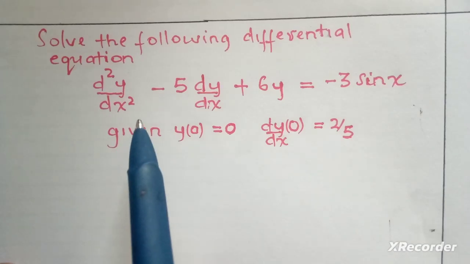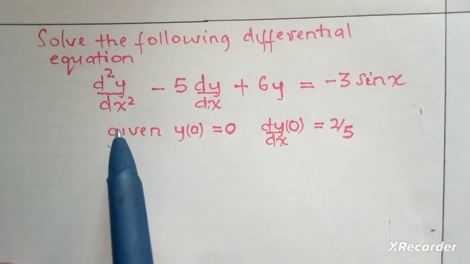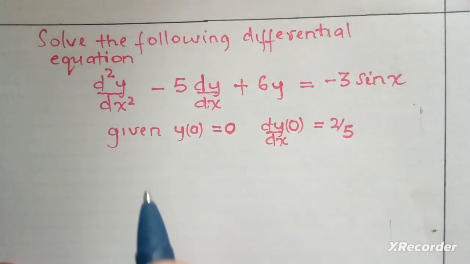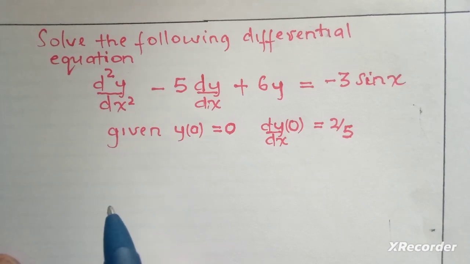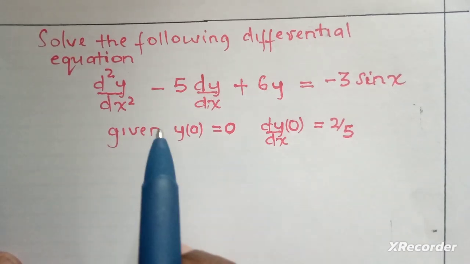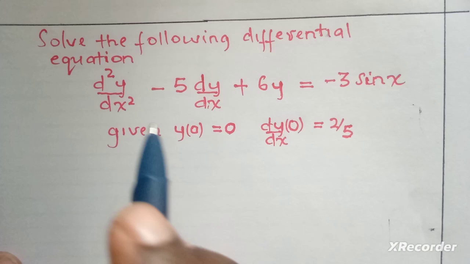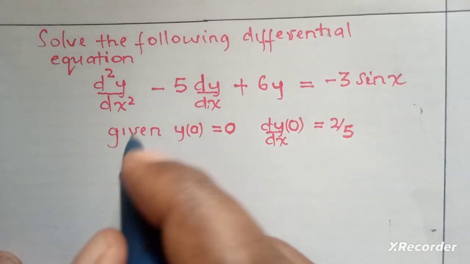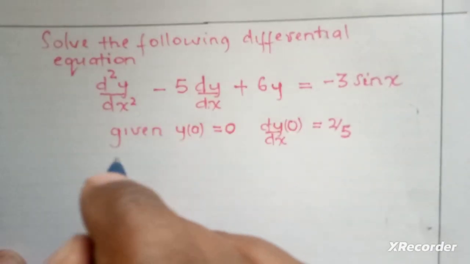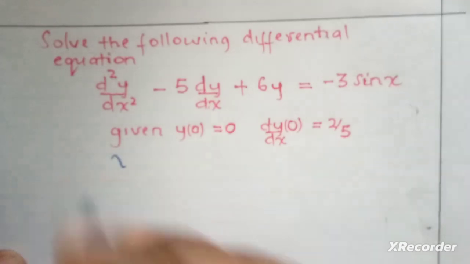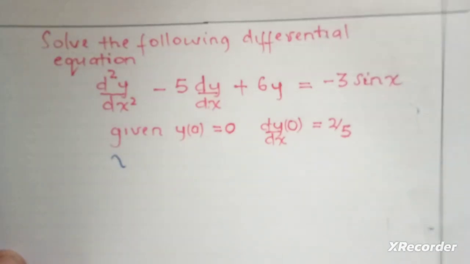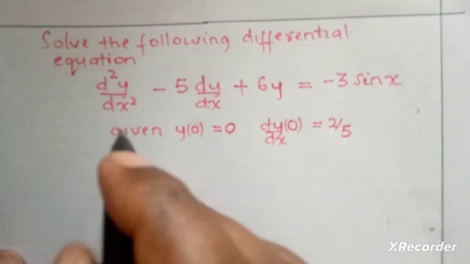Guys, let's do this equation: solve the following differential equation. We start by finding the complementary function, which is found by converting this to a quadratic equation. That is the first part, and equating the other one to 0.